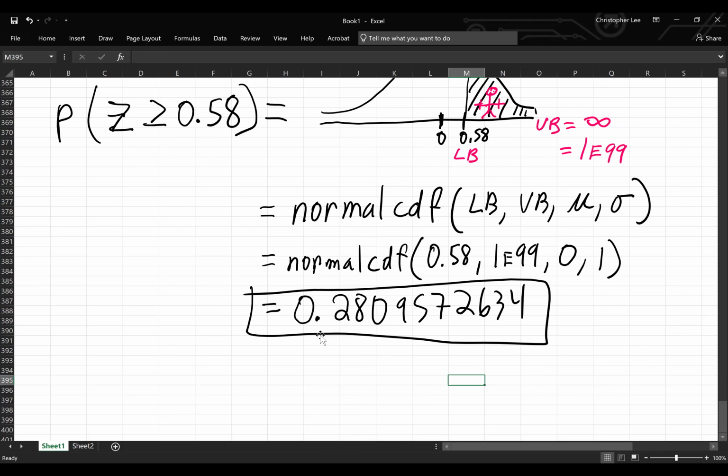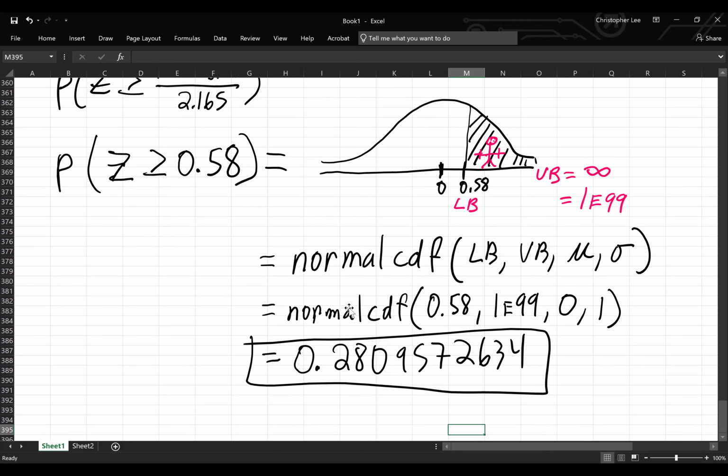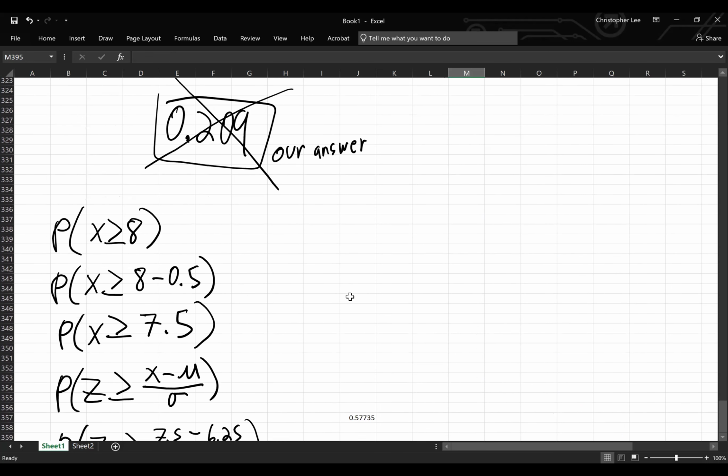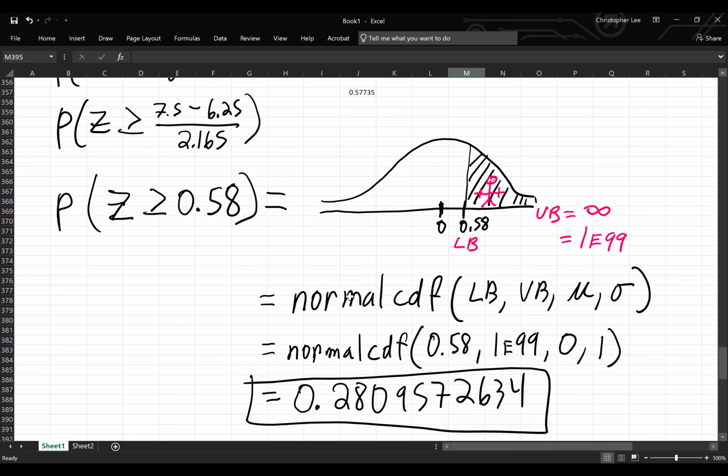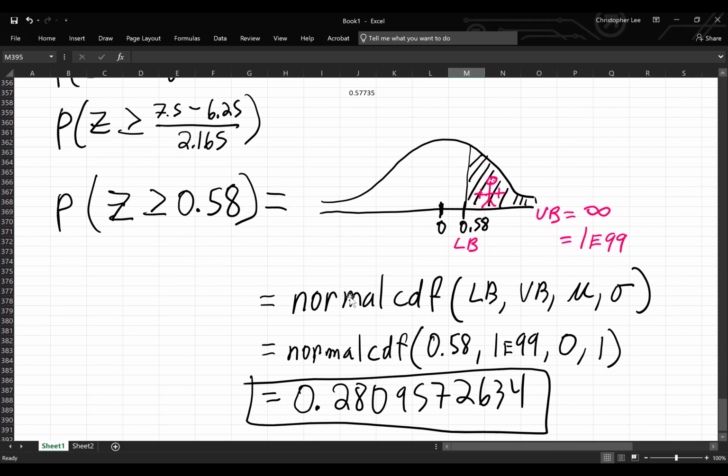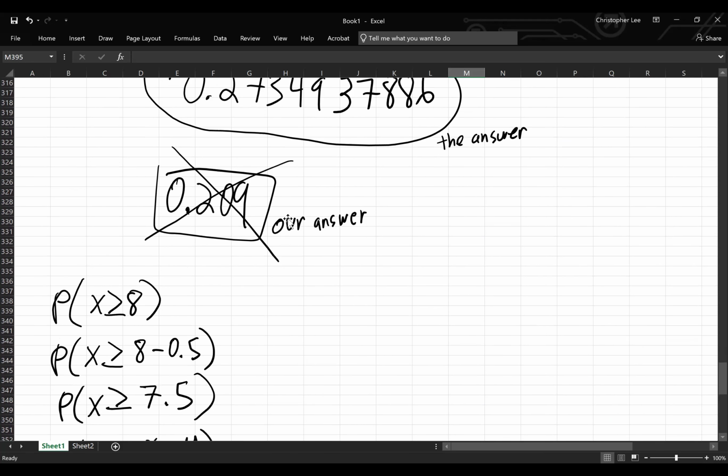This answer that we did here with the correction is like 0.03 of a difference between the actual answer. Or is it 0.07? Hold on. 0.01. Even better, right? But this answer that we got here for the first time, this is like way off.